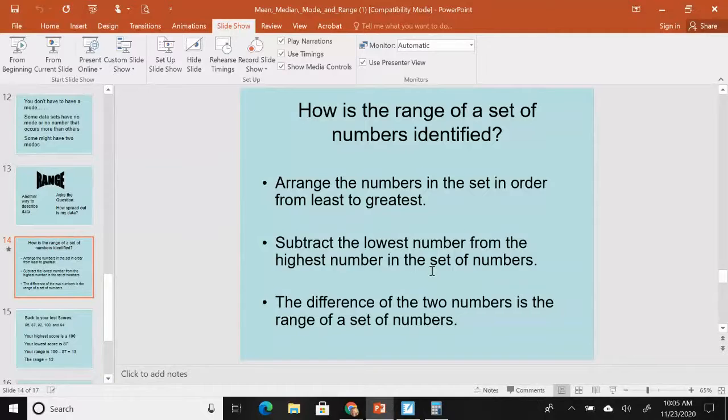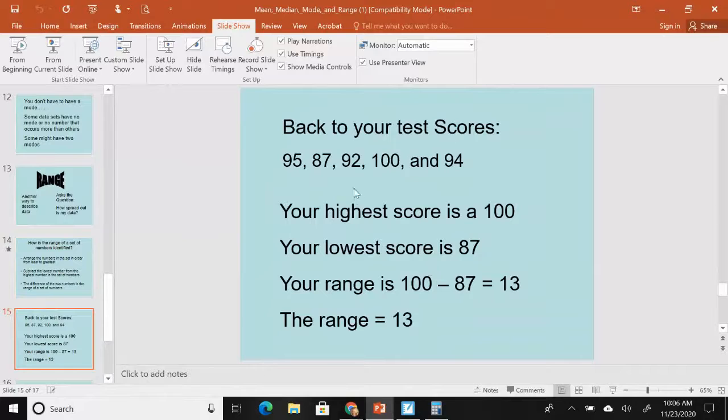You don't have to put them in order, but if you do, you have your biggest number and your smallest number at the front and at the back. And that's all you're doing to get the range: you're taking your biggest number and subtracting the smallest number from it. So if you look at this example of test scores right here, my highest score is a 100. My lowest score is an 87. So the range is 100 minus 87, which is 13.